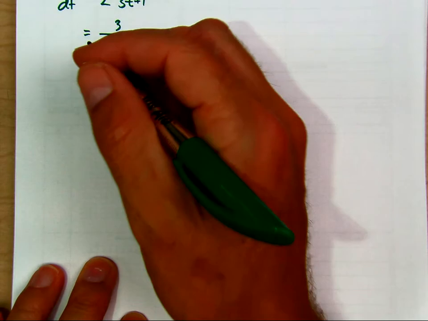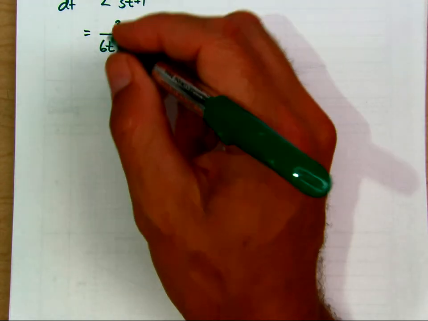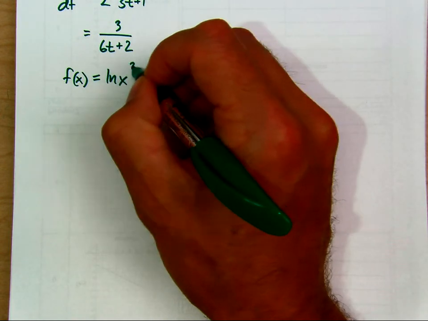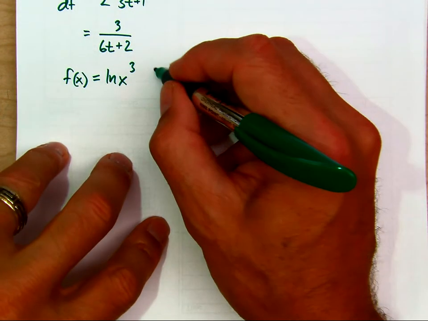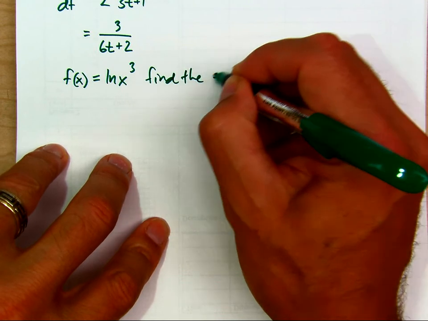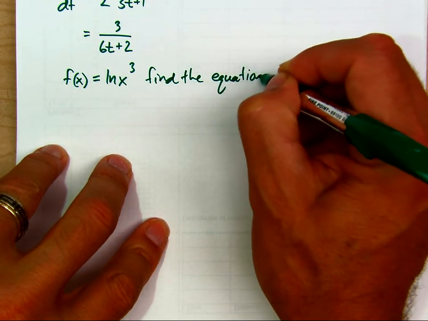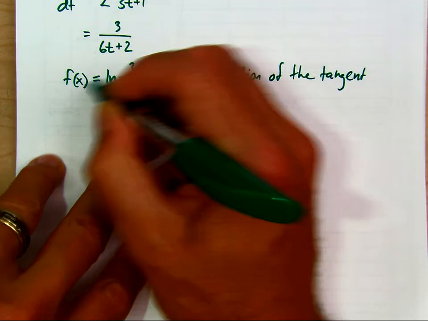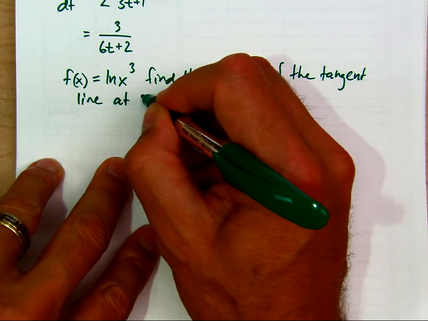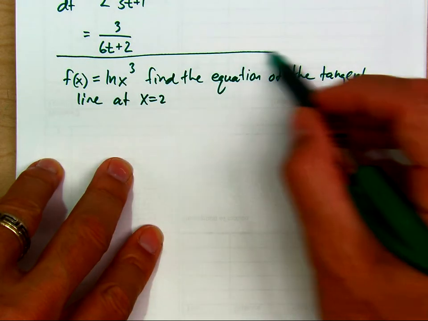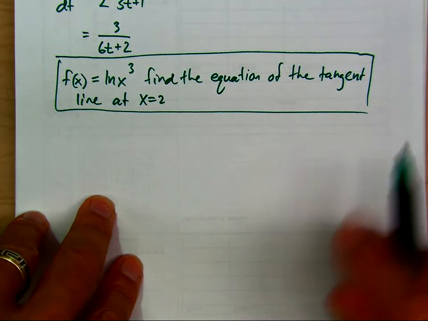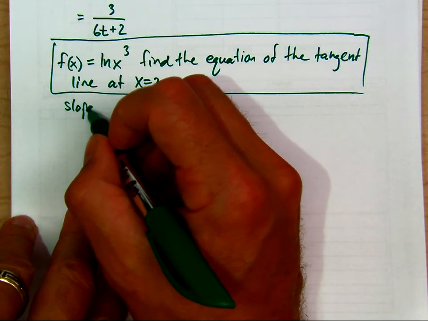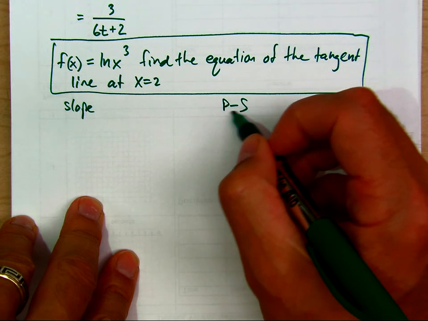And we'll just finish up with some equations of tangent lines. So for the equation of the tangent line, we need to find the slope, and then we'll do the point slope formula.